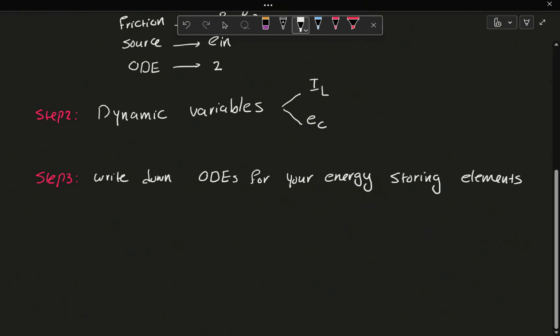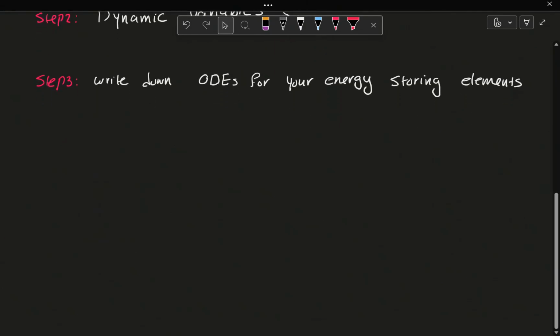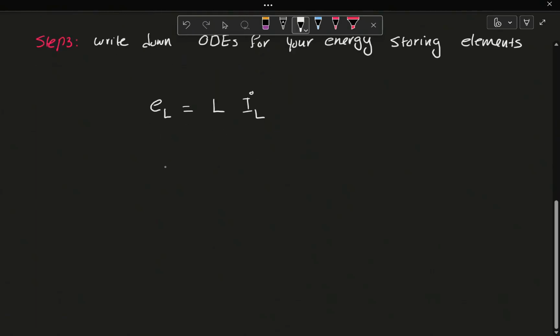Okay, so let's go ahead and write down the ODEs for them. I would have EL equals L I dot L, and also I would have C E dot C equals IC. Okay, let's call this equation Smiley. Let's call this equation Cyclope.